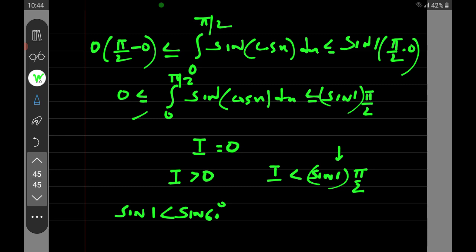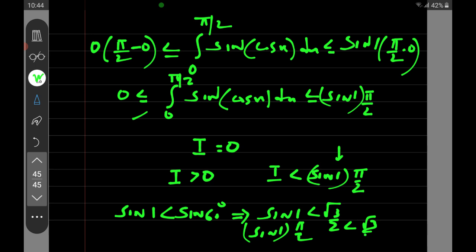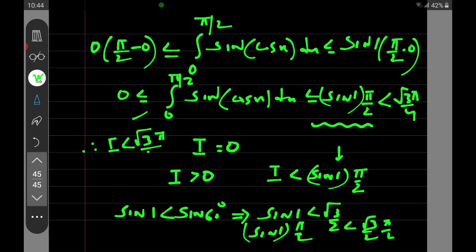So sine 1 is less than sine 60 degrees, that means sine 1 is less than root 3 by 2. So sine 1 into pi by 2 will be less than root 3 by 2 into pi by 2, and because of this result, I is less than root 3 pi by 4.